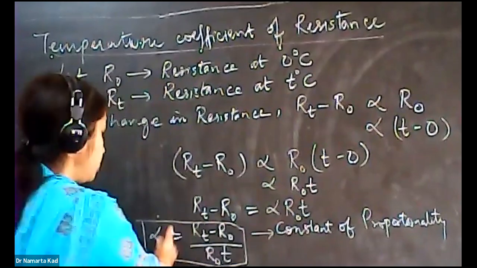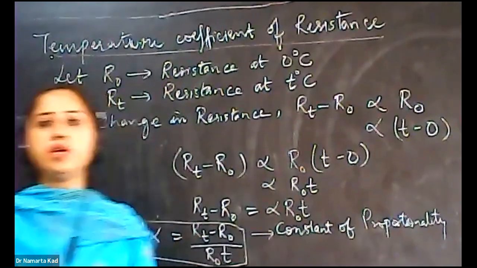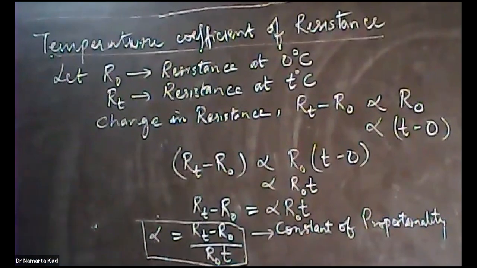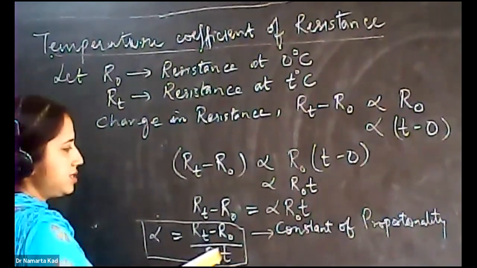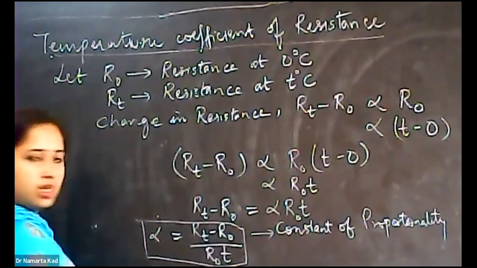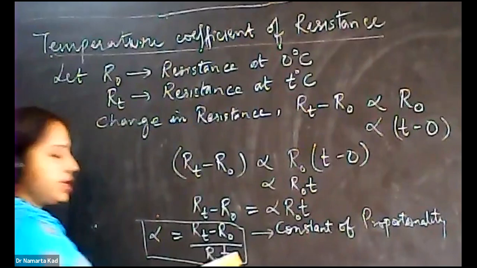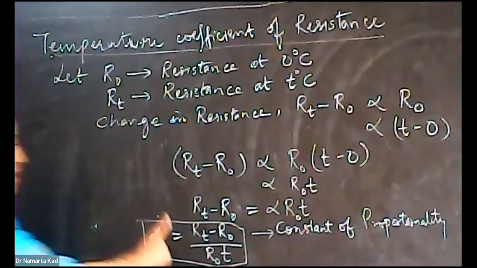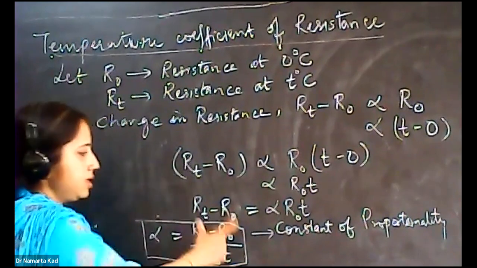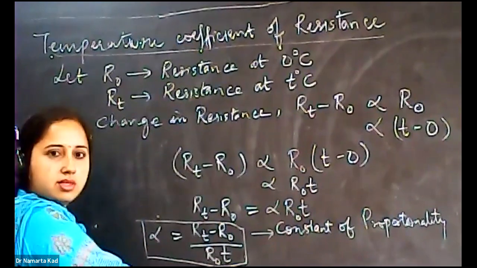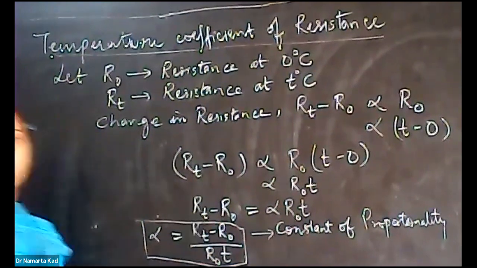Okay, so this alpha is called as the temperature coefficient of resistance, and its definition can be written as, it is defined as the change in resistance per unit original resistance per degree rise in temperature. Okay, I am again repeating the definition. The definition for alpha comes out to be the change in resistance per unit original resistance per degree rise in temperature.